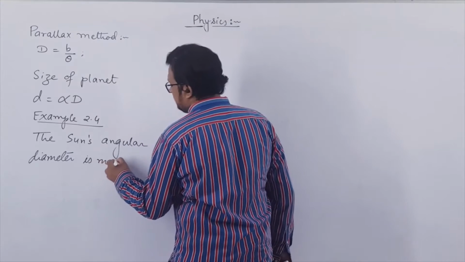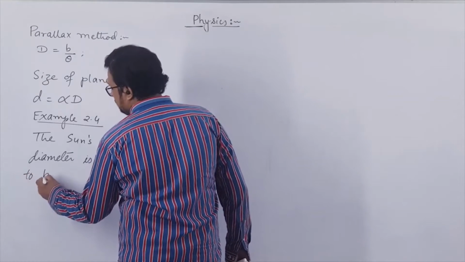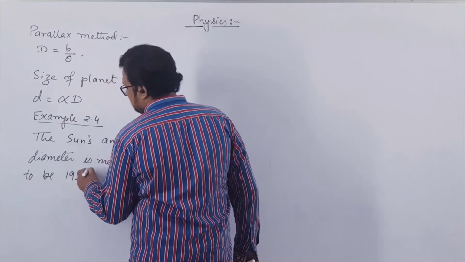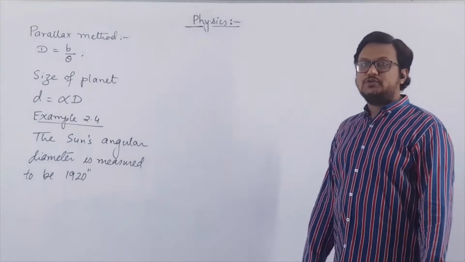The sun's angular diameter is measured to be 1920 seconds.